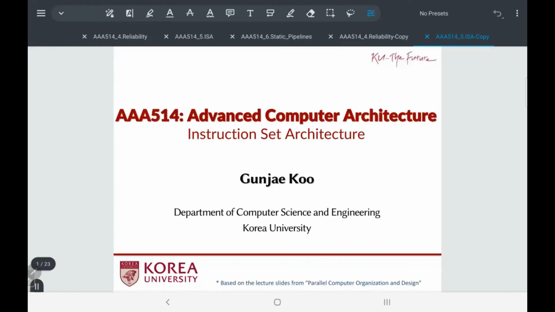Okay, let's get started. Even though we discussed the reliability issues of computer systems, to understand them we need to know some detail of semiconductor devices.